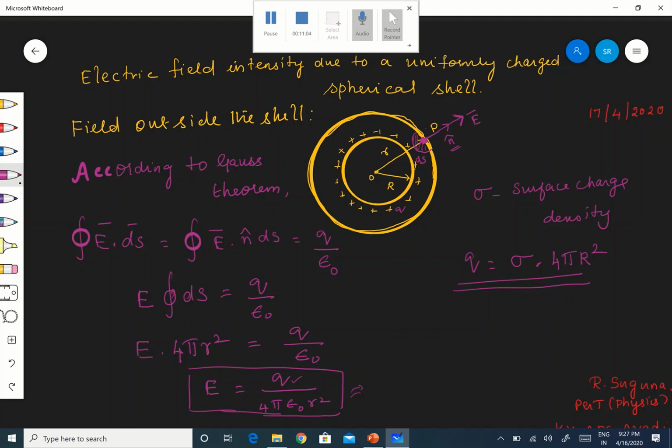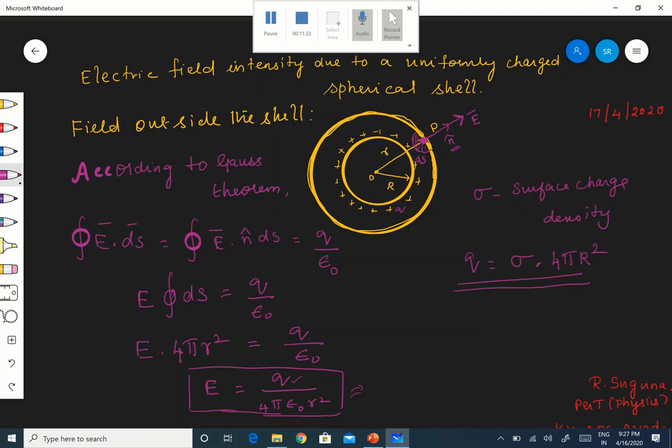Once again I'll repeat this: for points outside the spherical shell, the field due to the uniformly charged shell is as if the entire charge of the shell is concentrated at the center of the shell. Are you following?